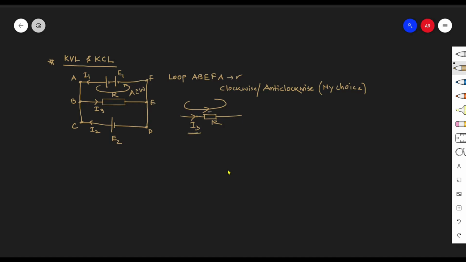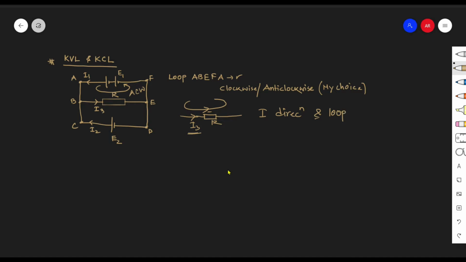We labeled the points A, B, C, D, E, F and A. This is going to be a complete loop: A, B, C, D, E, F, A. And within this complete loop, there are two individual loops.